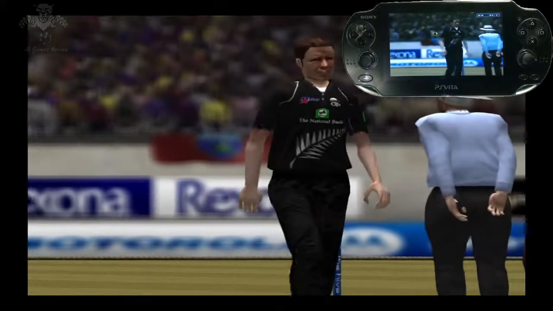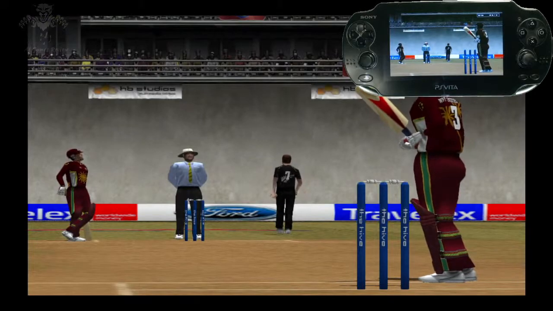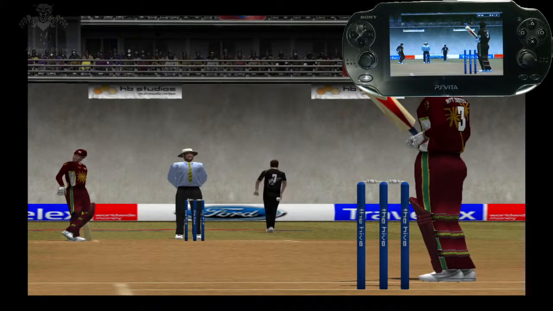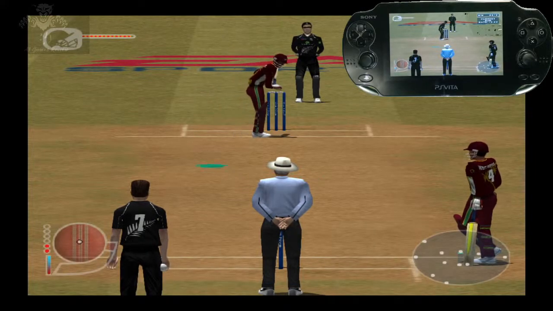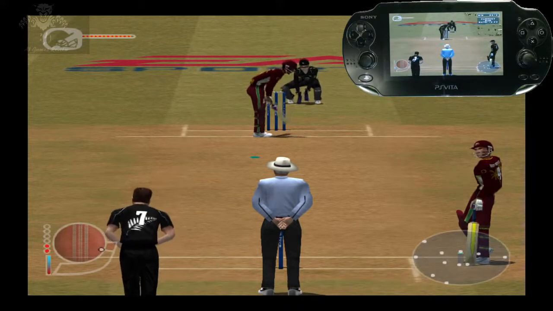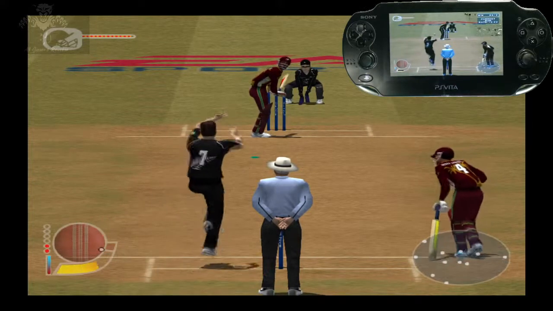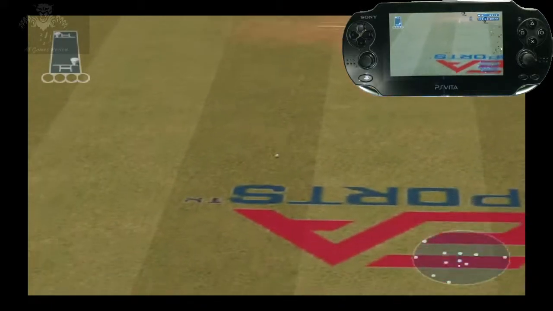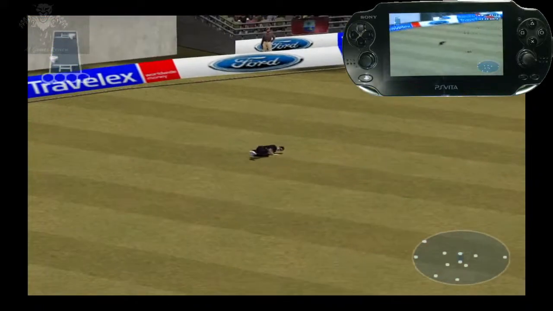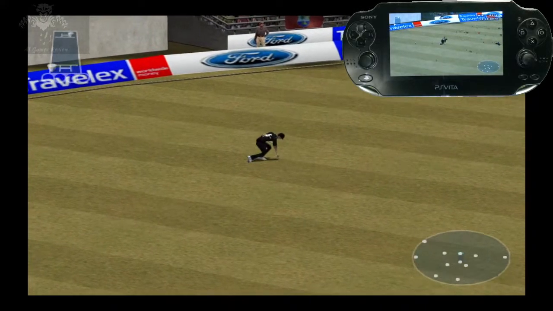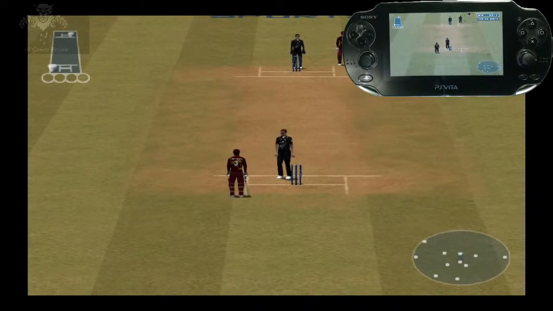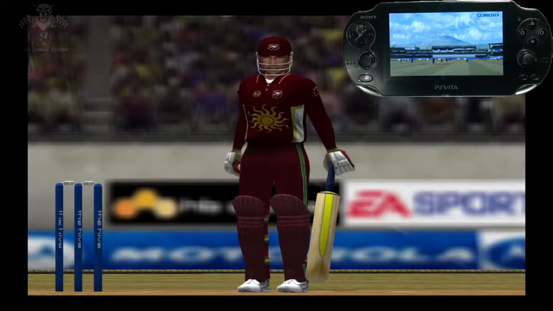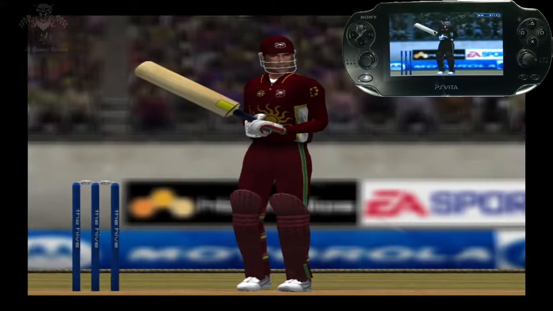Forum, the batsman in trouble with that one. Lara waiting at the striker's end. Cairns out at long on. Another single to Lara. West Indies move on to 87.